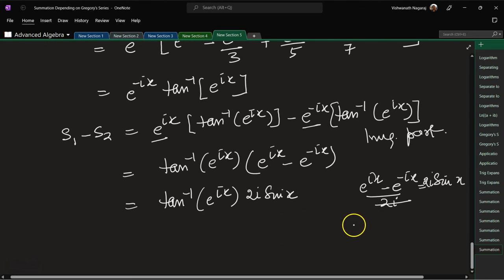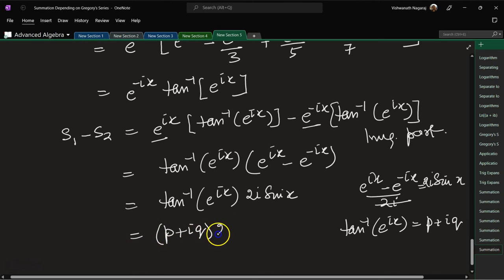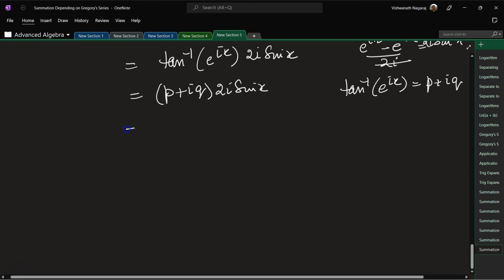Second thing is, let's say tan inverse of e to the power of ix is equal to p plus iq. So this expression becomes p plus iq times 2i sine x, and if we multiply it out, we get 2p i sine x plus 2q i square sine x.